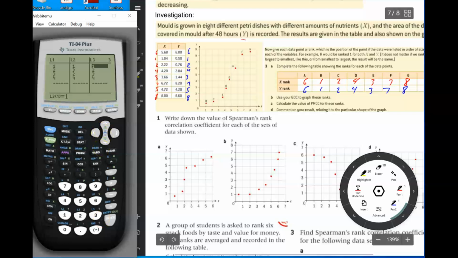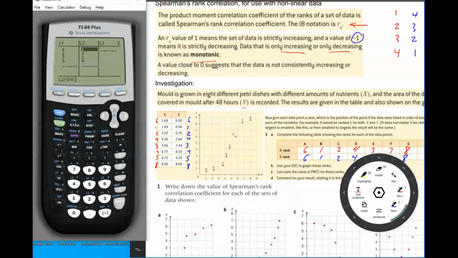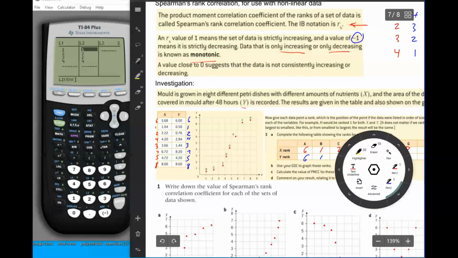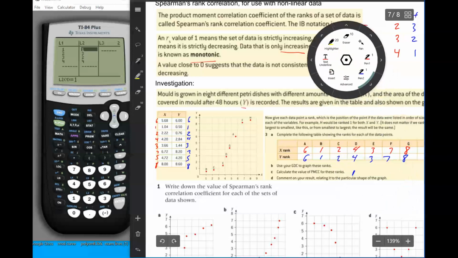So we already can tell that our Pearson's correlation coefficient, or in this case Spearman's, is going to be 1, in this case, positive 1, right? So we can put that it's positive 1 here. So comment on the result, relating it to the particular shape of the graph. This is similar to when we comment on the R value for a linear regression problem.